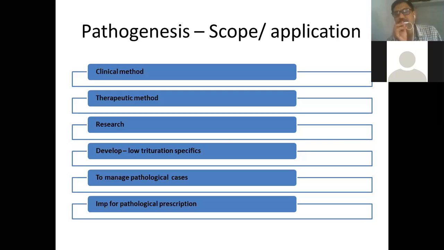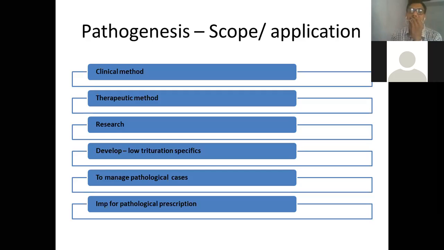For example, there is one drug commonly available in homeopathic pharmacy, commonly prescribed by homeopathic physicians in cases of hypothyroidism. Hypothyroidism means there is less production of thyroid hormone because of certain etiologies, and because of that, certain clinical symptoms develop, and a homeopathic medicine can supplement this deficiency of thyroid hormone.